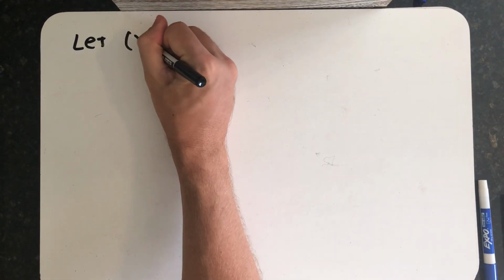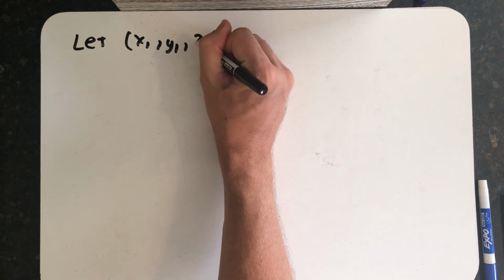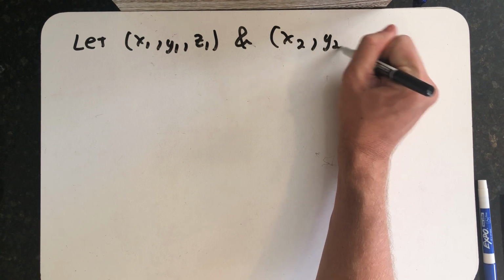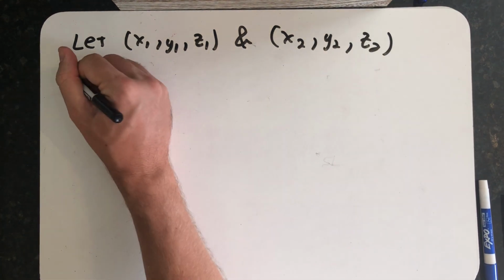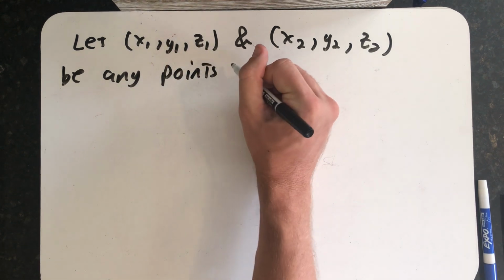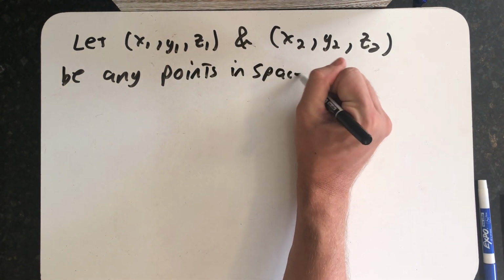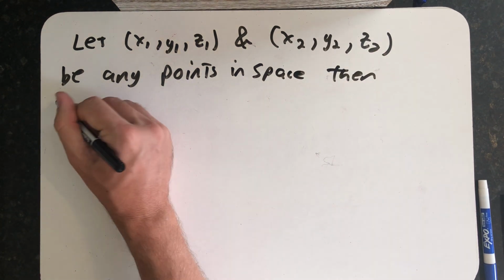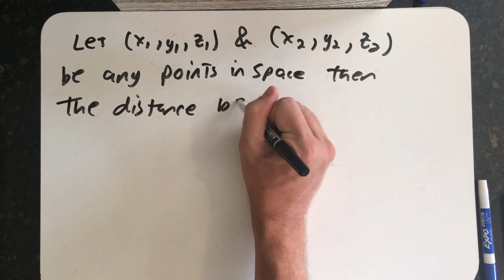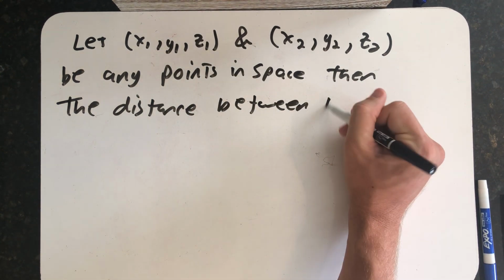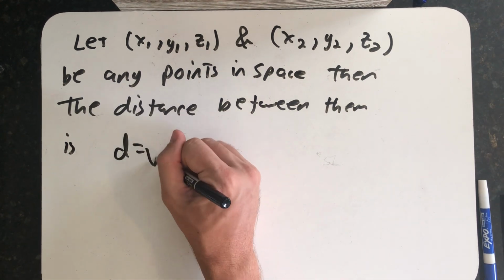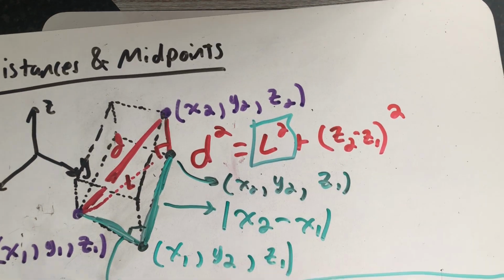Let x1, y1, z1, and x2, y2, z2 be any points in space. Then the distance between them is... And I had a formula for d squared, so I'm going to go on and take the square root.